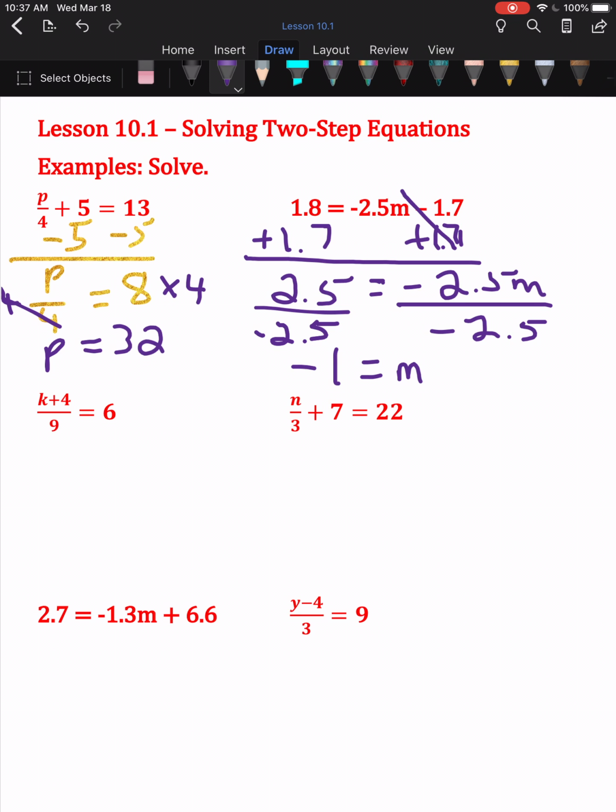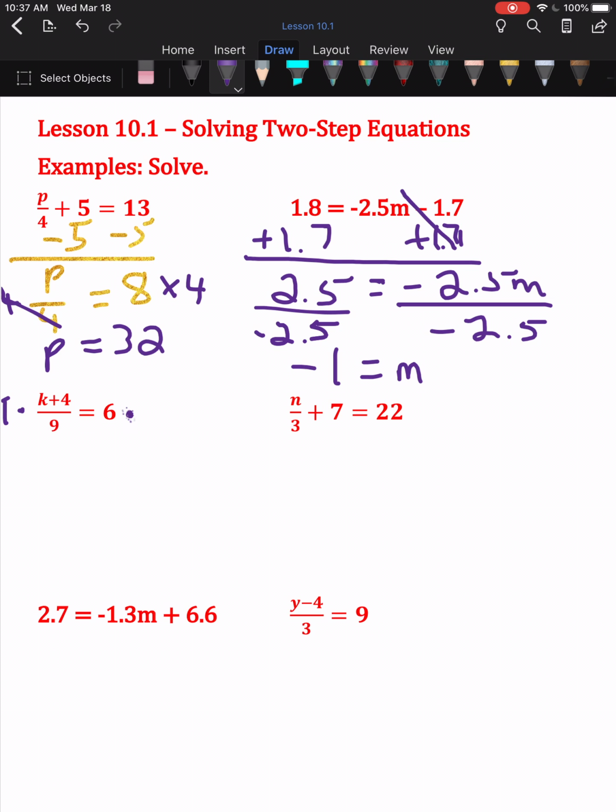For the next example, we have k plus 4 all divided by 9 equals 6. And this is going to be one of the rare times where we're not going to undo the addition or subtraction first. When addition or subtraction is contained in a fraction, we have to get rid of the fraction first. So here, we're going to start with multiplying both sides by 9.